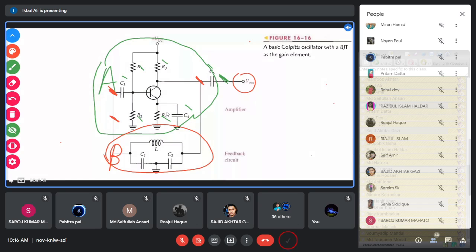But look into the beta network. It is an inductor and C1, C2 capacitors in series. So this is the construction of the beta network, and the middle of C1 and C2 is connected to ground.